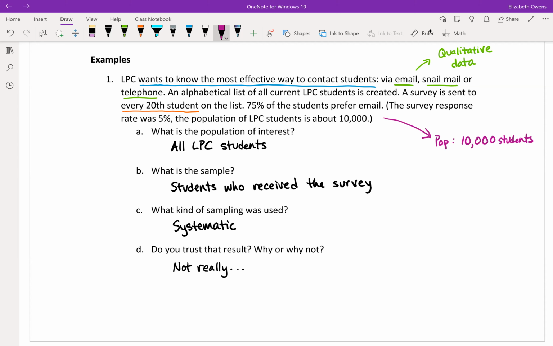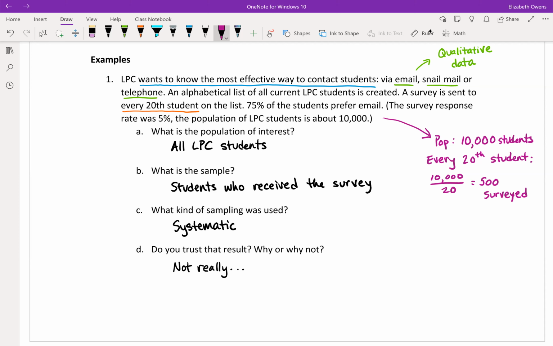We only surveyed every 20th student, so we're going to divide our population by 20 to see how many people actually got the survey. So 10,000 divided by 20 equals 500 students that were surveyed.